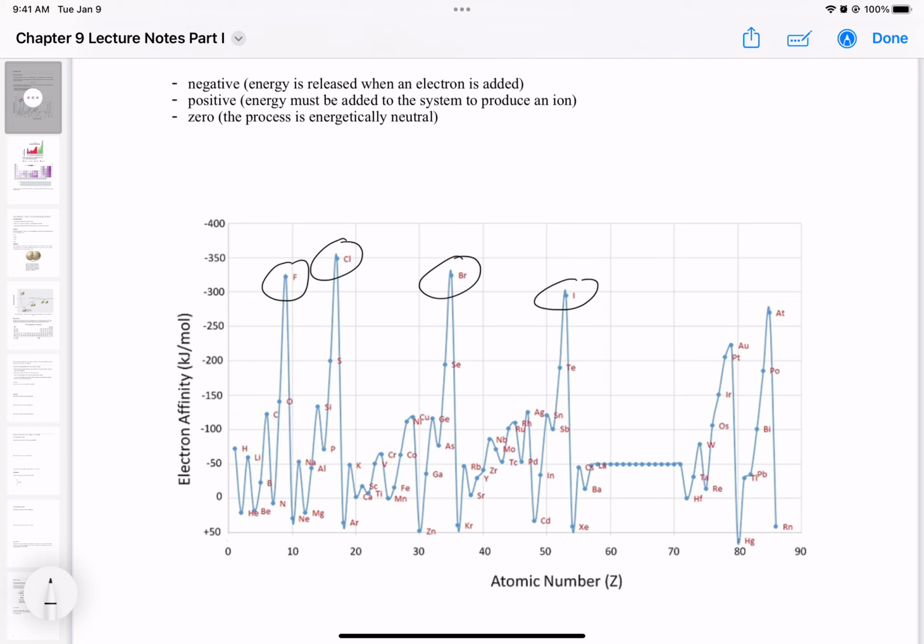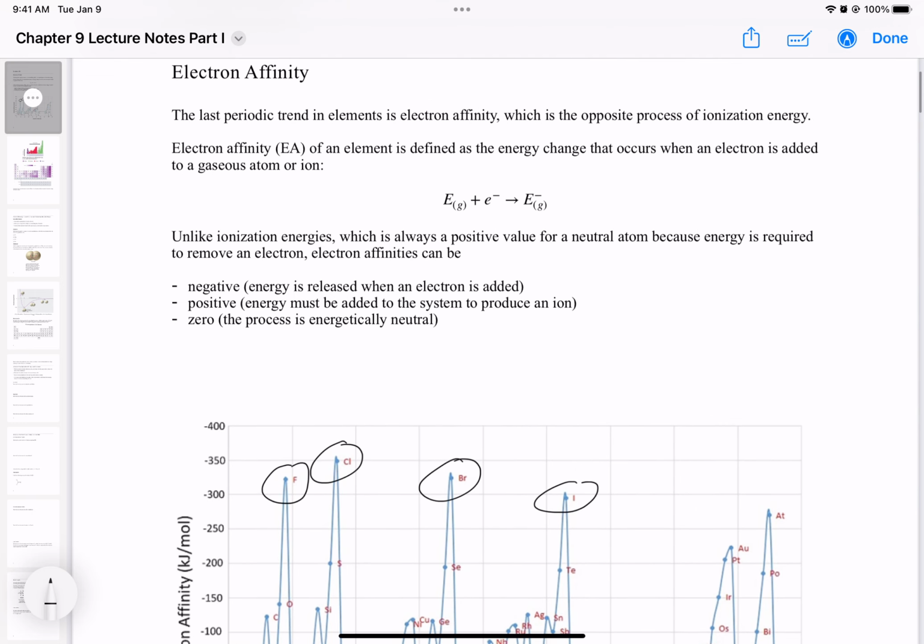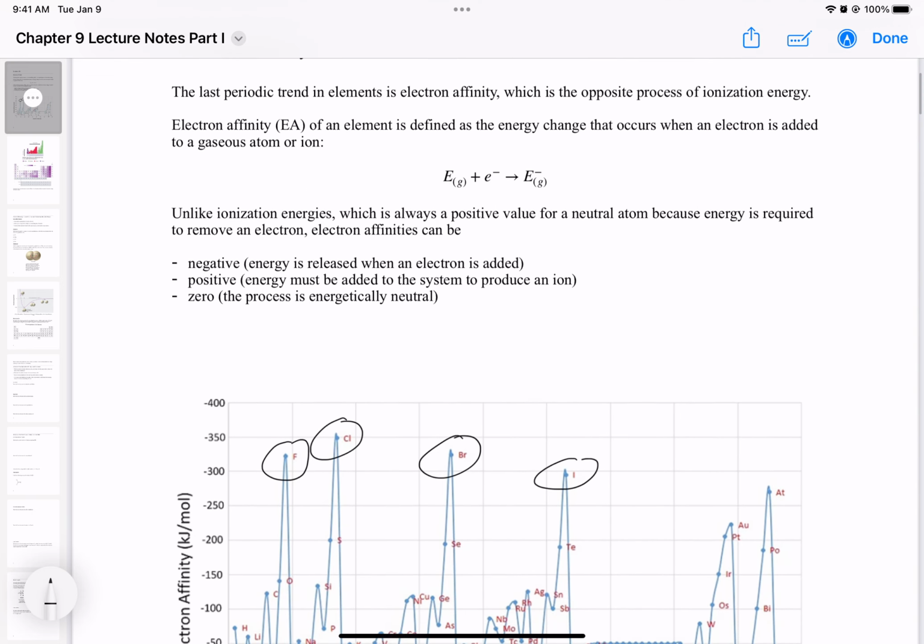And we can also think about electron affinities. They're related to electron reduction potentials. So remember when an atom gains an electron, we call this a reduction, right?